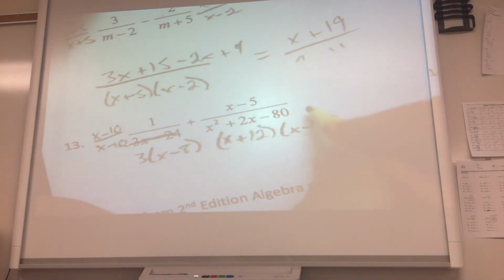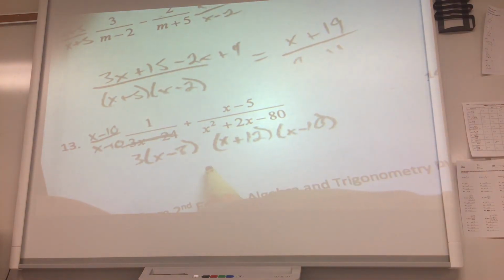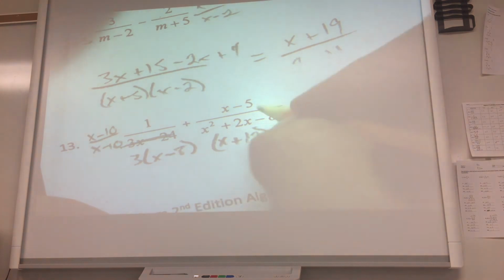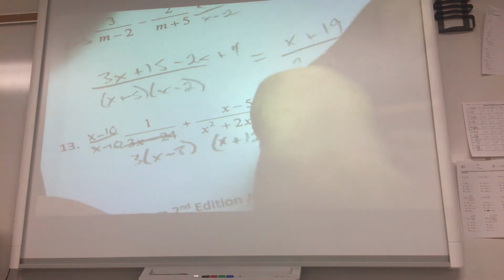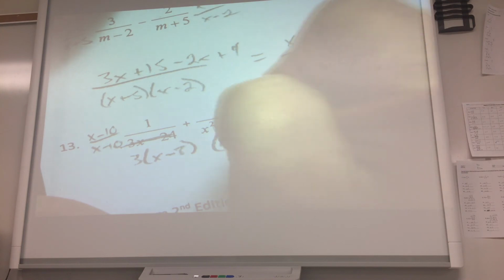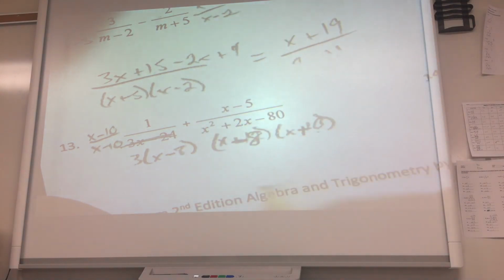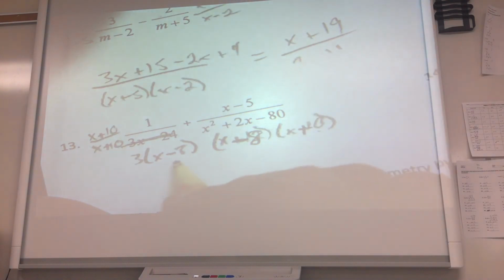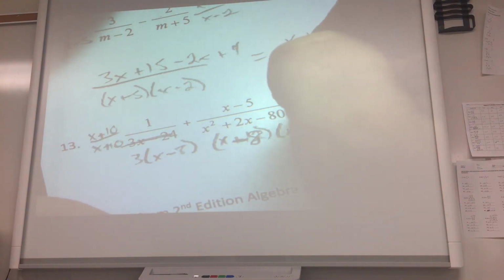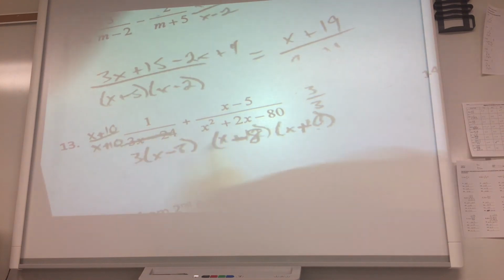This side's missing... Whoa. What did I mess up on? This should have been an 8, which means this is a plus 10. All right, my mistake. That would have been a negative 8. That would have been a positive 10. That means this is plus 10, plus 10. This is 3 over 3. Okay, so again, big denominator.